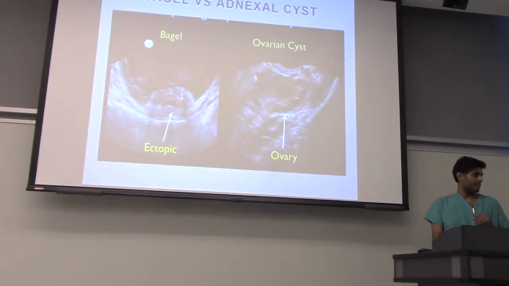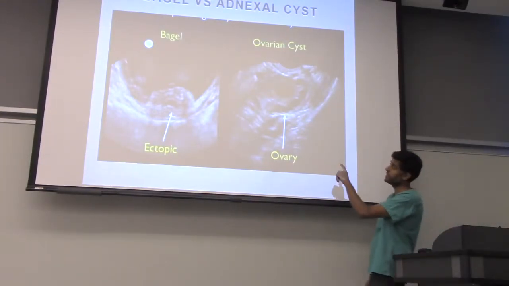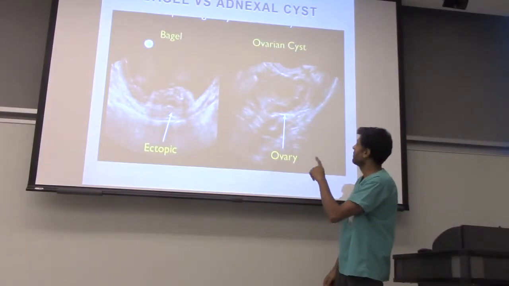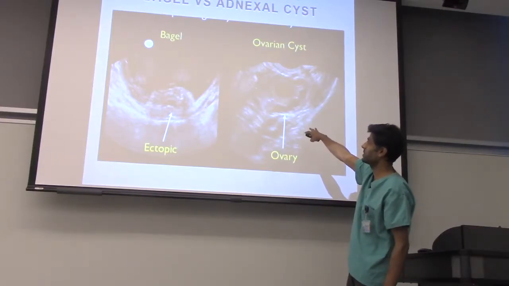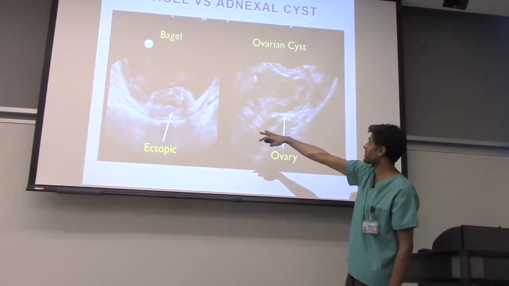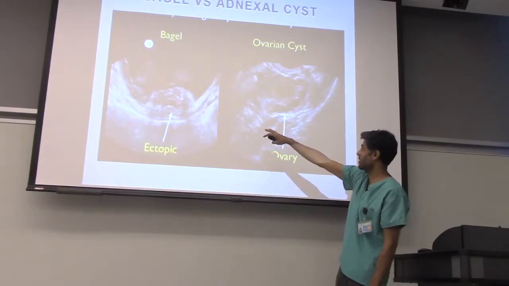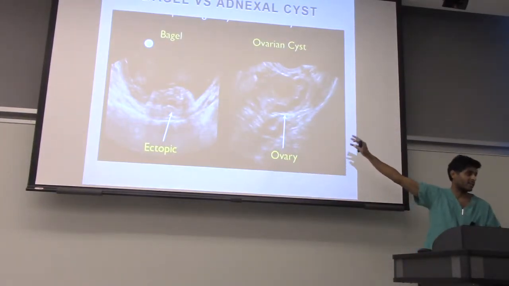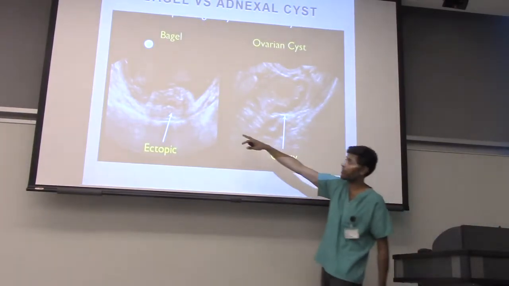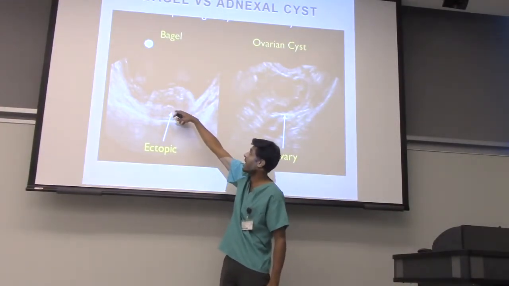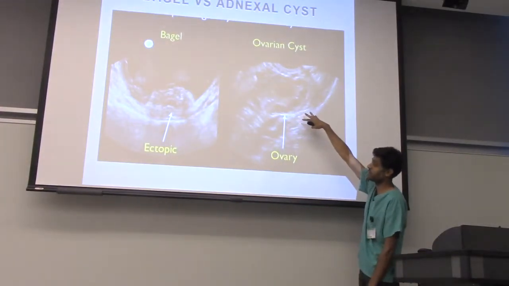Okay. So the other thing I wanted to go through, and I kind of had shown this a little bit, is one of the things that I think is fairly easy to screw up: misidentifying a complex ovarian cyst for an ectopic pregnancy. The ectopic pregnancy, if you notice, has basically a single structure that looks like a gestational sac, and is not as echogenic as this ovarian mass over here.